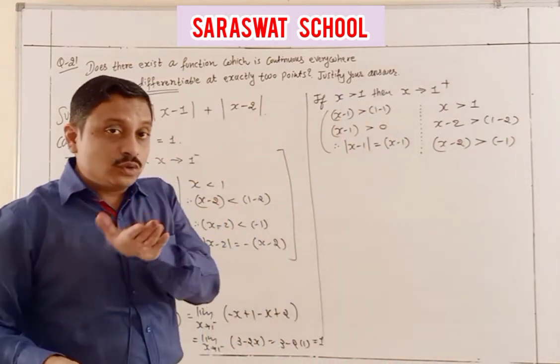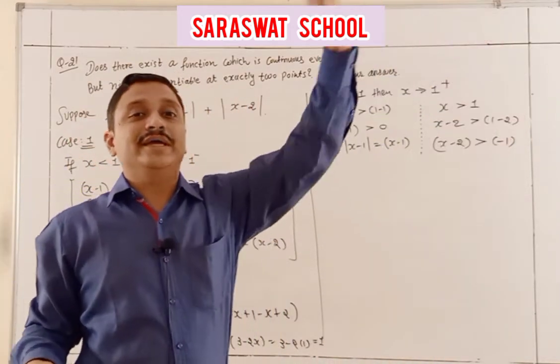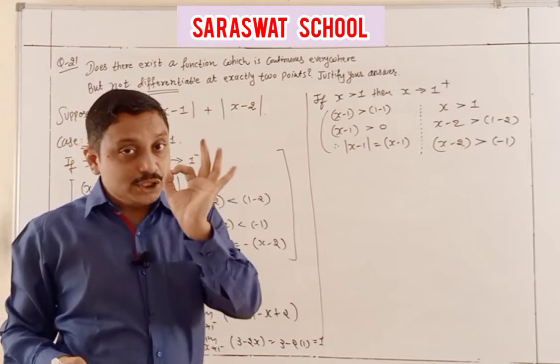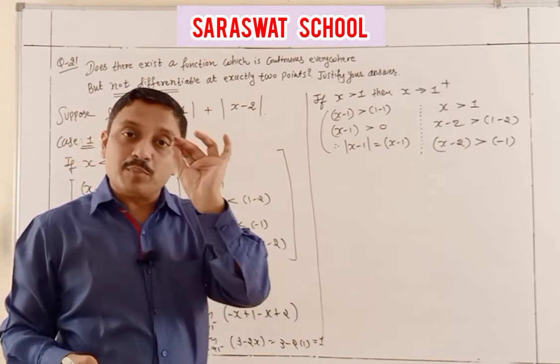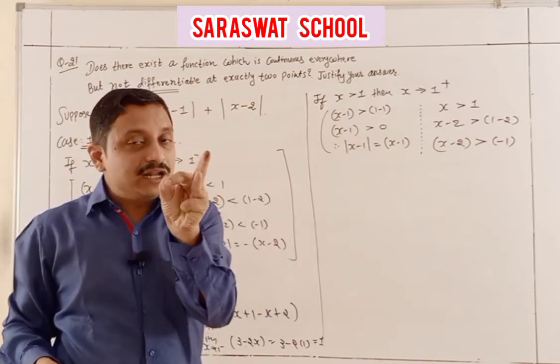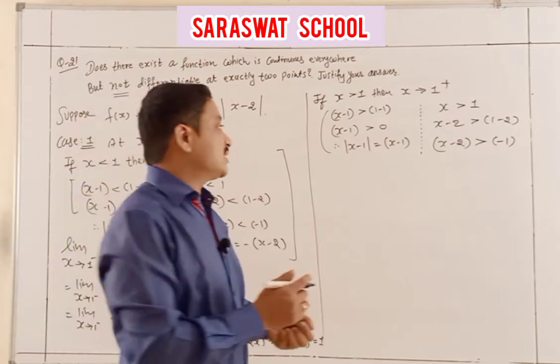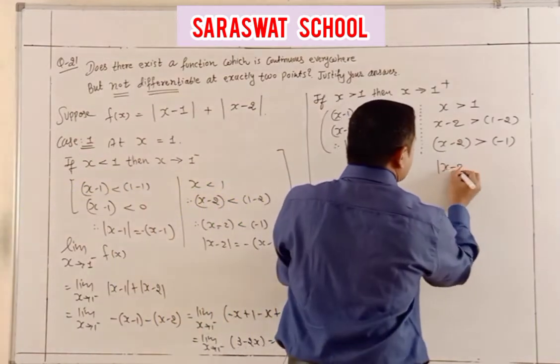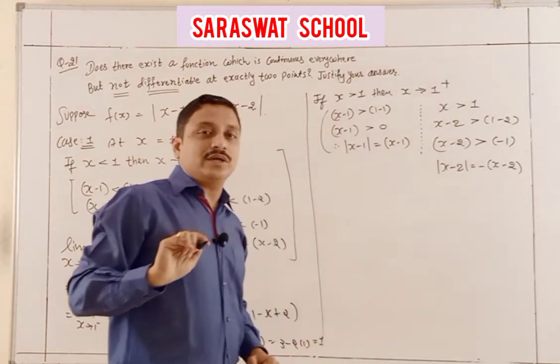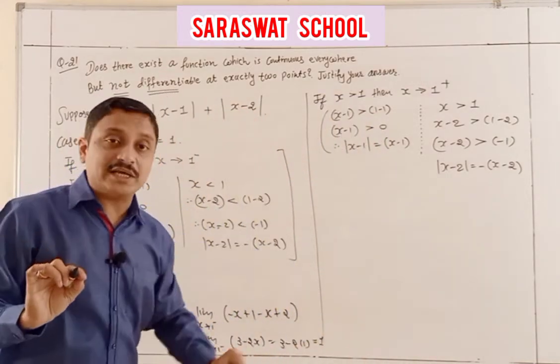Going to the side more than minus 1 means negative numbers also exist, 0 also exists, and positive numbers also exist. Here there are some negative and some positive numbers. I just write down modulus x minus 2 with a minus sign, because some negative numbers also exist there.